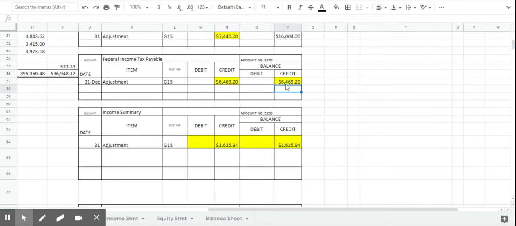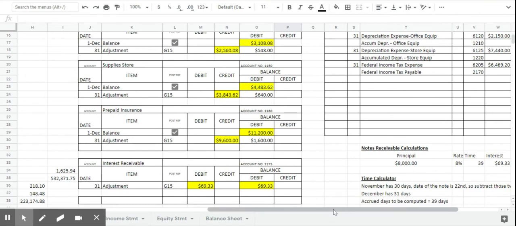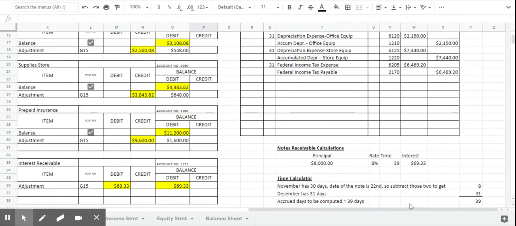Now these two numbers go into the journal, which is back on page, a lot of page flipping here, huh? 427. Okay. 6469.2, and 6469.2. And the post reference there is 6205 and 2170.